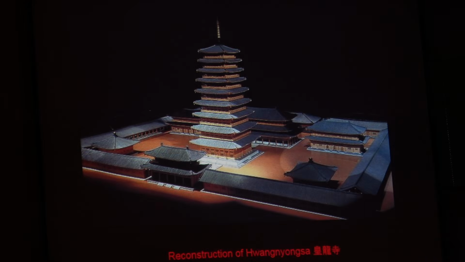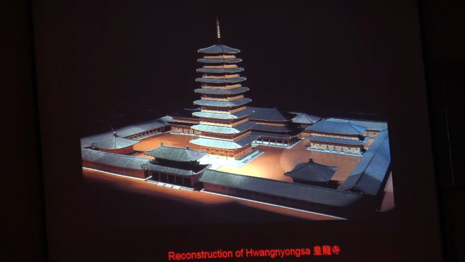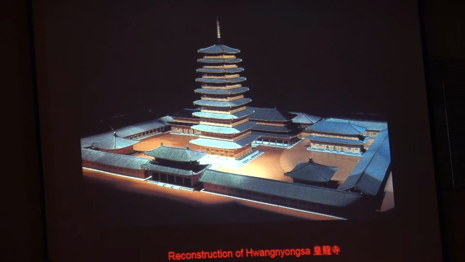So it seems to work. Now there's a second relationship that I want to propose when we look at architecture of the 5th, 6th, and 7th centuries. Hwangryongsa, I mentioned already its pagoda towers, and there's excellent evidence from both archaeologists and architectural historians that it should have been a monumental pagoda like you see here.